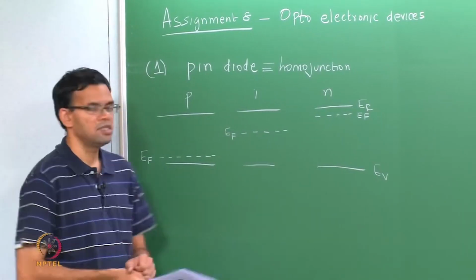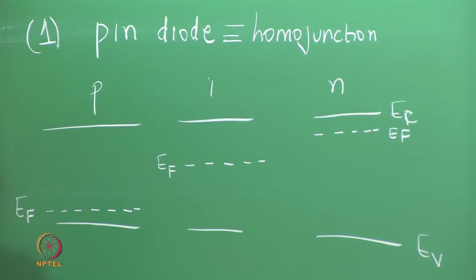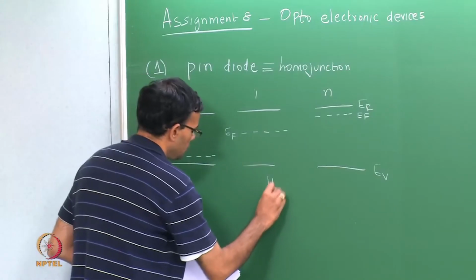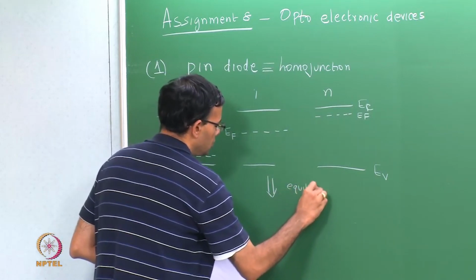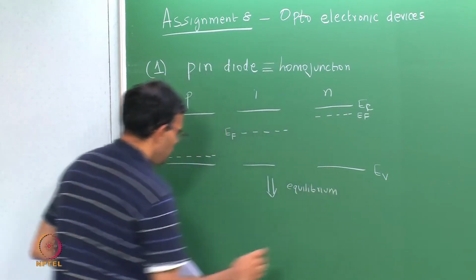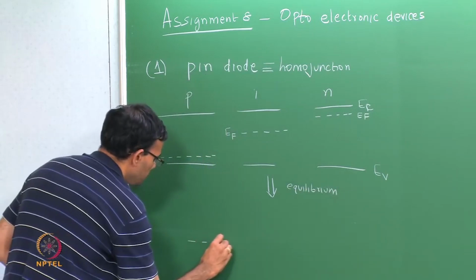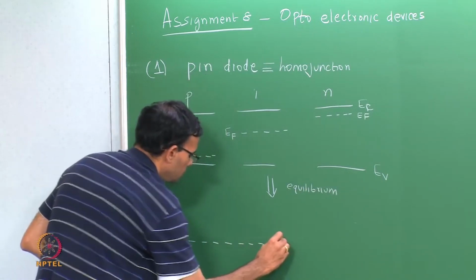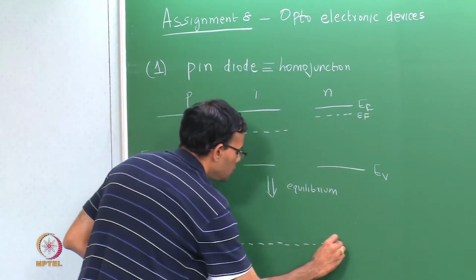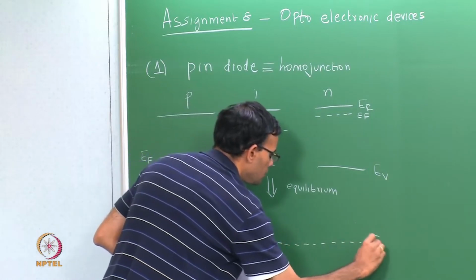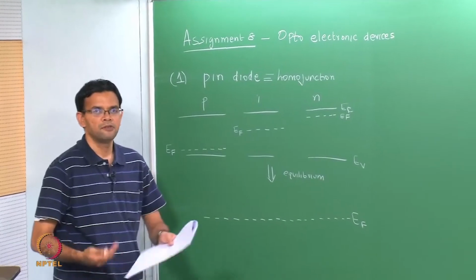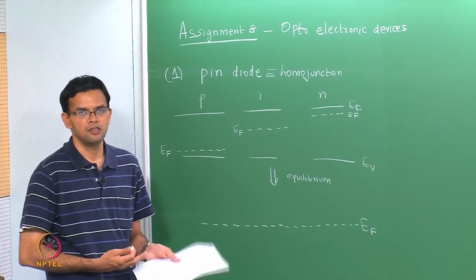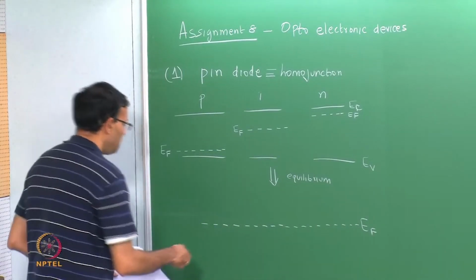So, when we have this in equilibrium, we know that the Fermi levels must line up. So, in equilibrium, I have the Fermi levels line up. Far away from the interface, your material still behaves as the same.